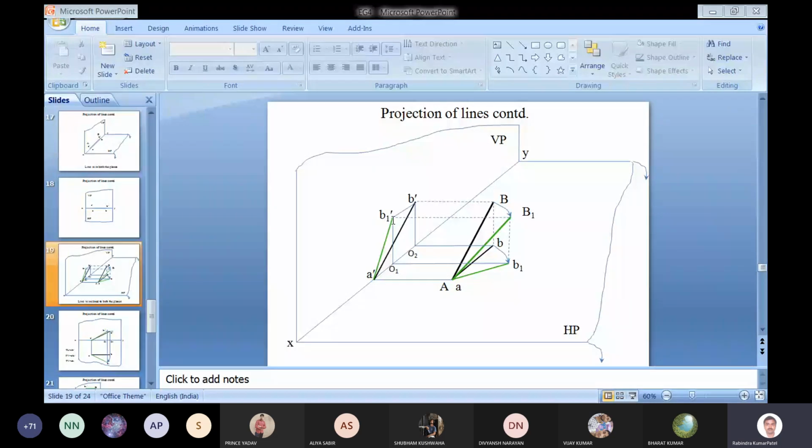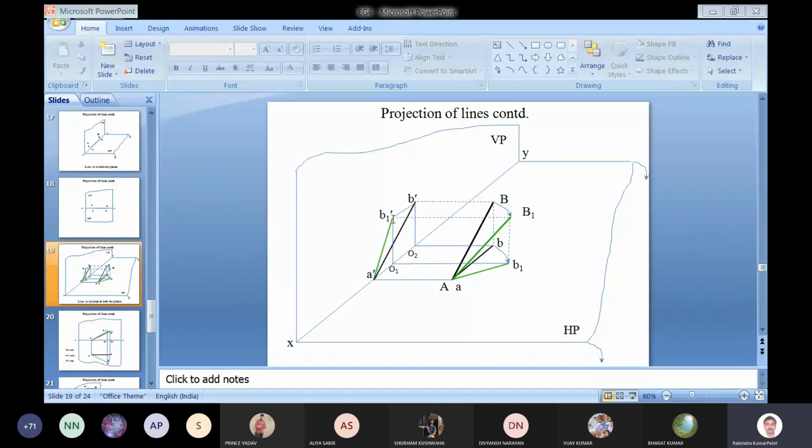How will we get the point B1 dash? We can draw a horizontal line passing through B dash. Wherever this vertical line intersects the horizontal line, we will get point B1 dash. So in this way, we can draw this projection, A dash B1 dash.